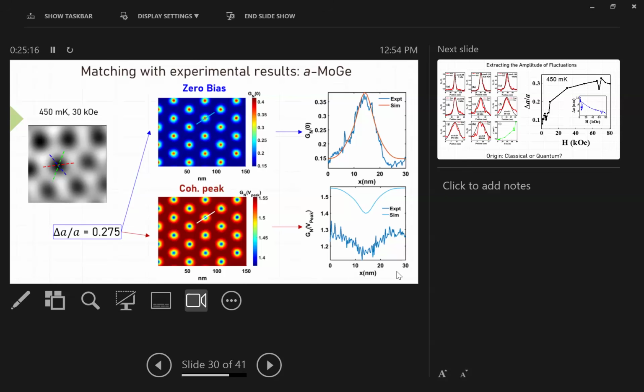Now you can see if I take the zero bias conductance map and take this line cut, which I show here in red, and the experimental data is this blue one, where I have summed these three line cuts and taken the average, they match extremely well. When I go to the coherence peak bias, they match in amplitude, but there is a difference in the absolute value, which is probably because I am ignoring the effect of circulating supercurrent.